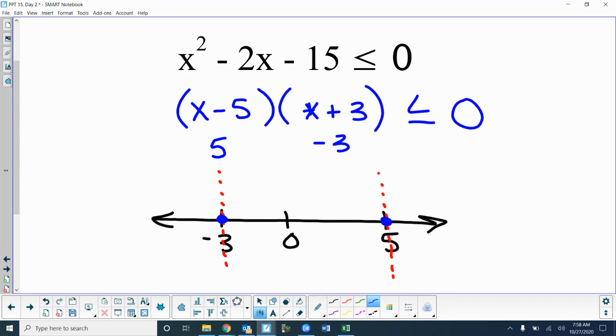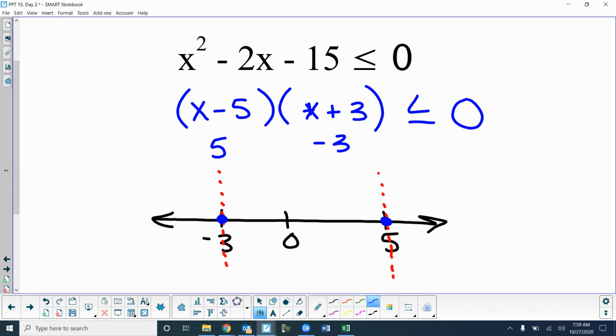Okay? Then I have to check each section to see where my arrows go. If a number in this section works, I draw an arrow that way. If a number in this section works, I connect them. If a number in this section works, I draw an arrow that way. Okay, so you have to check each section.